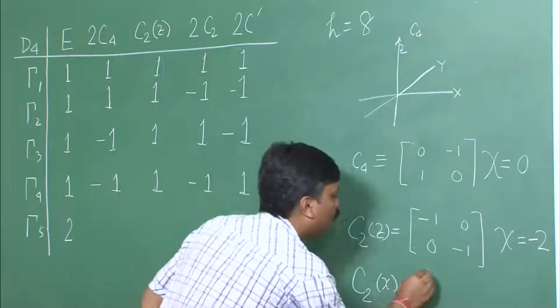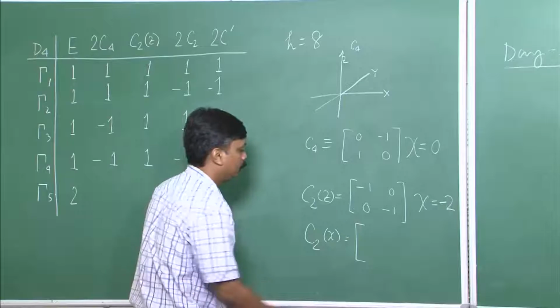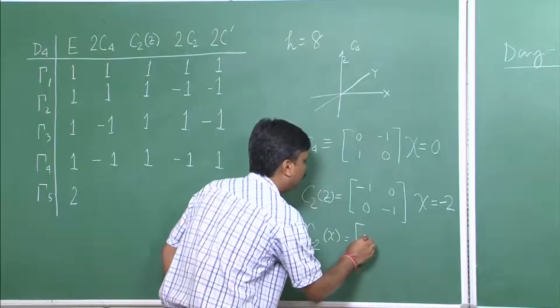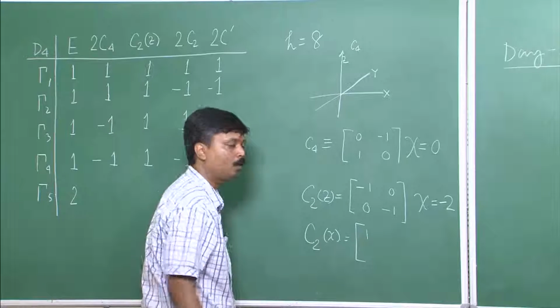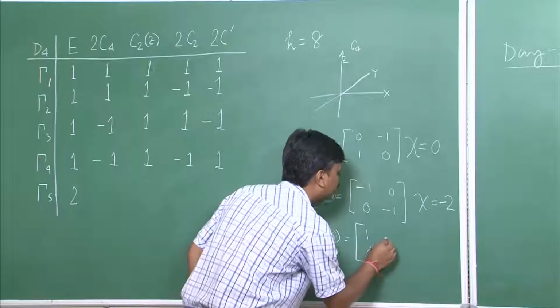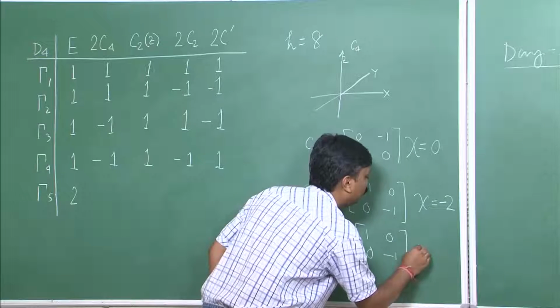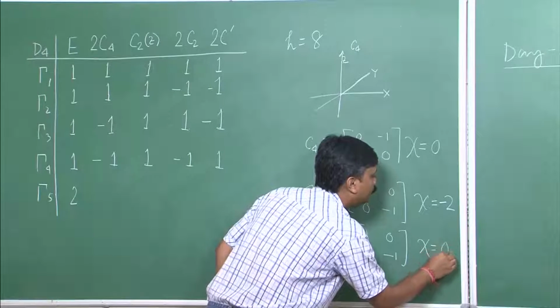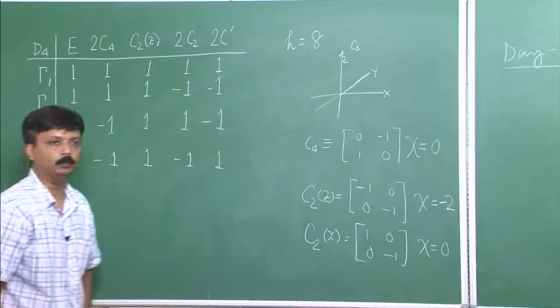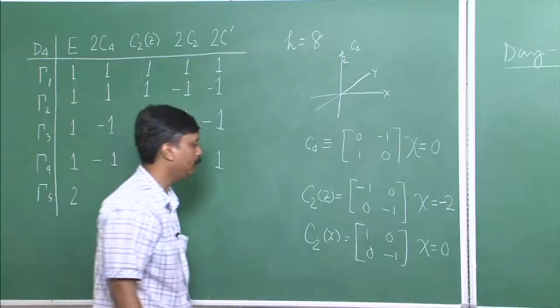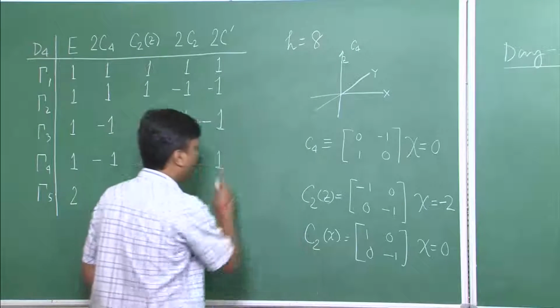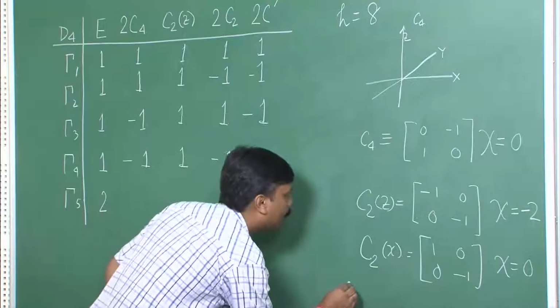So, you can find out that x is remaining the same while y is becoming minus y. Therefore, chi equals 0.